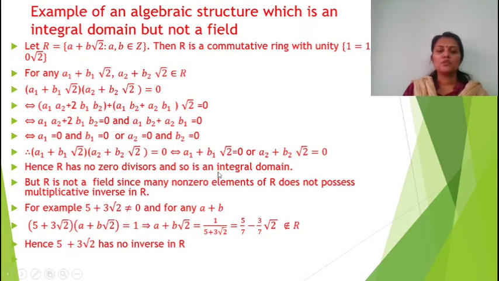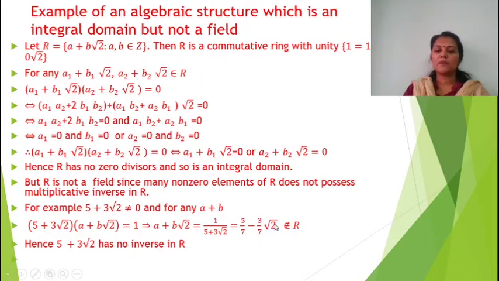Now, we have to show that it is not a field. So, some non-zero elements of R do not have a multiplicative inverse in R. For example, we can take 5 plus 3 root 2, which is not equal to 0. For any a plus b root 2, (5 plus 3 root 2) into (a plus b root 2) equal to 1 implies a plus b root 2 is equal to 1 by (5 plus 3 root 2), which we multiply by 5 minus 3 root 2 in numerator and denominator.